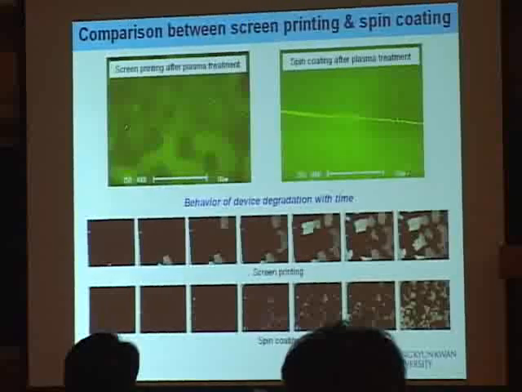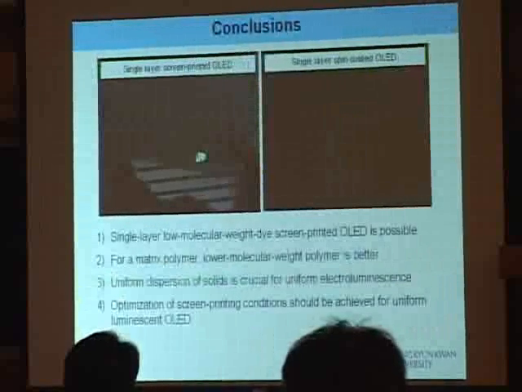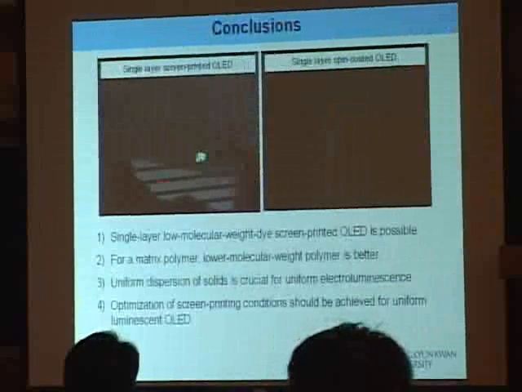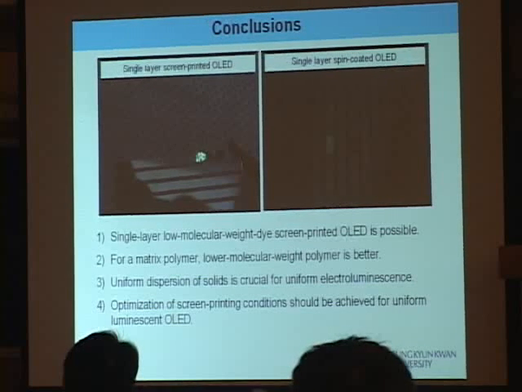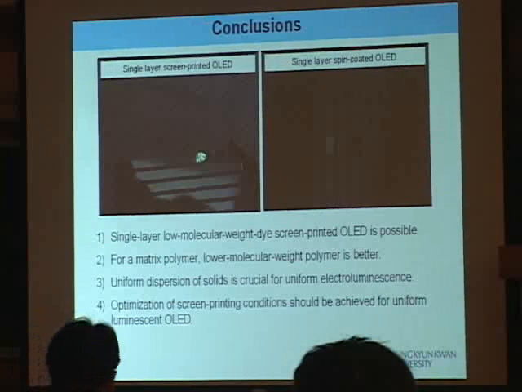That's why the conclusion is this: using a single-layer screen-printed OLED, you only have scattered emission from the device. But if you use a single-layer spin-coated OLED, you can have uniform emission from it.